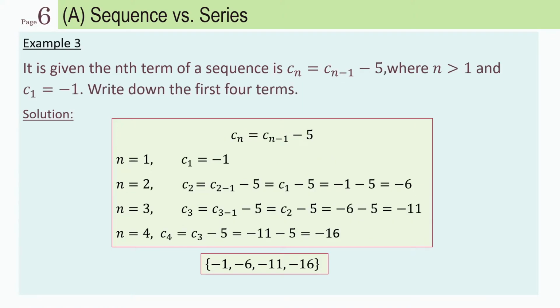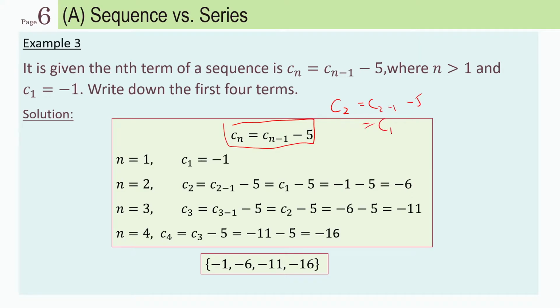Okay, and the third one is a bit like our Fibonacci sequence. You must provide people the first term. If you didn't provide anyone with the first or starting term, let's say over here n greater than 2, so C_n equals C_(n-1) minus 5.